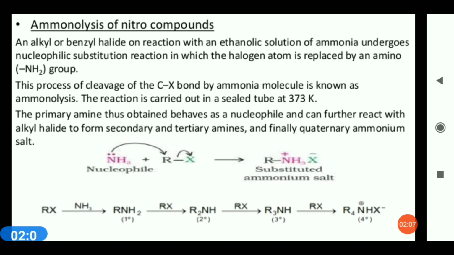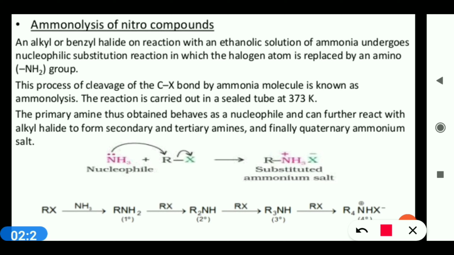This process of cleavage of the carbon halogen bond by the ammonia molecule is known as ammonolysis. This reaction is carried out in a sealed tube at 373 Kelvin.